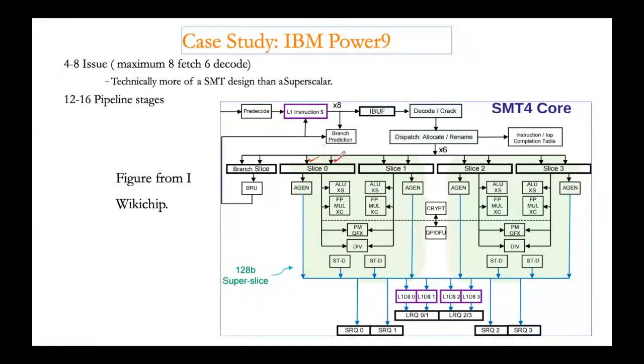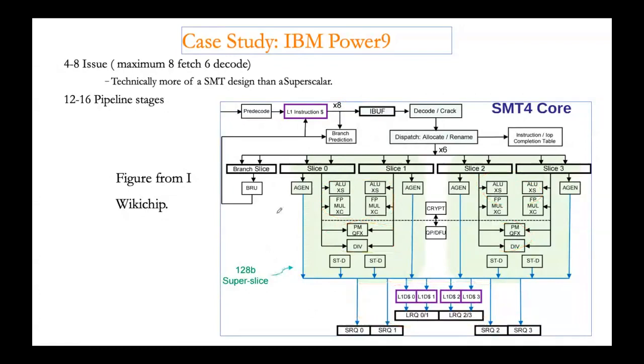That means a maximum of 2 instructions per slice, so a total of 8 instructions will be fetched and given to the decode part. 6 instructions will be decoded, and it gives them to 2 different kinds of functional units: memory functional units and computational functional units. All these 8 instructions use the common memory functional units in this case.